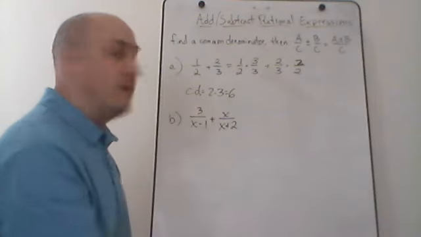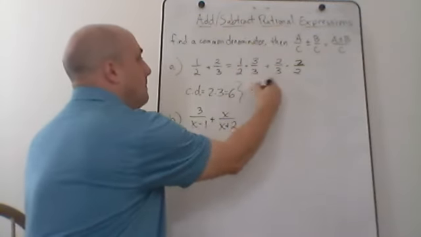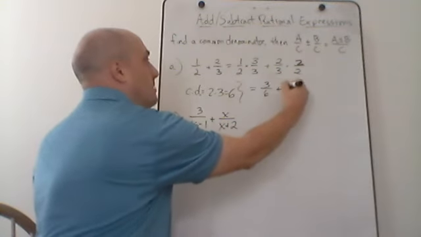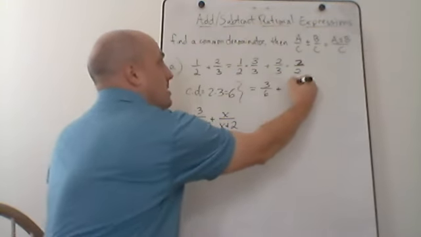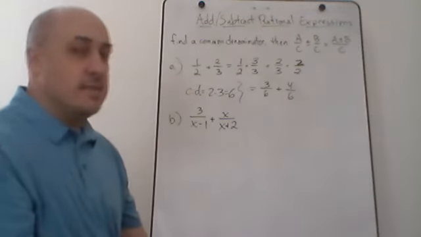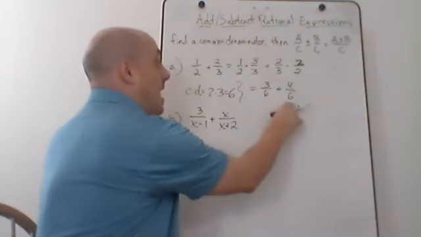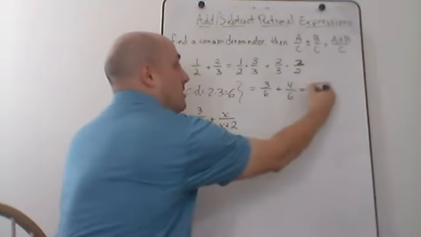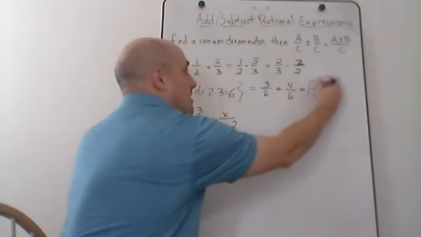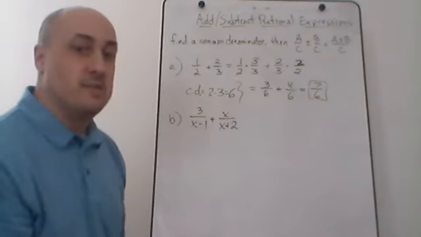So when I do that multiplication, 1 times 3 is 3, 2 times 3 is 6, so I get 3/6 plus 2 times 2, which is 4, 3 times 2, which is 6. So I get 3/6 plus 4/6, and now that they have the common denominator, I just add across the numerator. 3 plus 4 is 7, so I get 7/6. So 1/2 plus 2/3 equals 7/6.